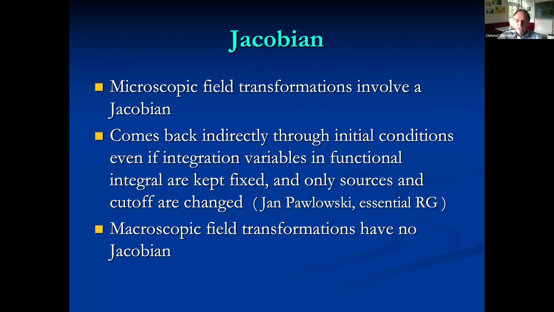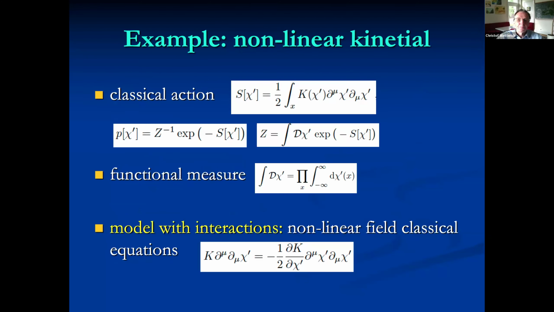And actually the correction term in the flow equation can be interpreted as a k-dependence of the Jacobian. In contrast, for macroscopic field transformations, there is no integral to be done. They have, of course, no Jacobian. This Jacobian is sometimes thought to be a trivial thing, or annoying, but people do not worry too much about it. But the Jacobian often has a lot of the physics in it, and that should not be forgotten.